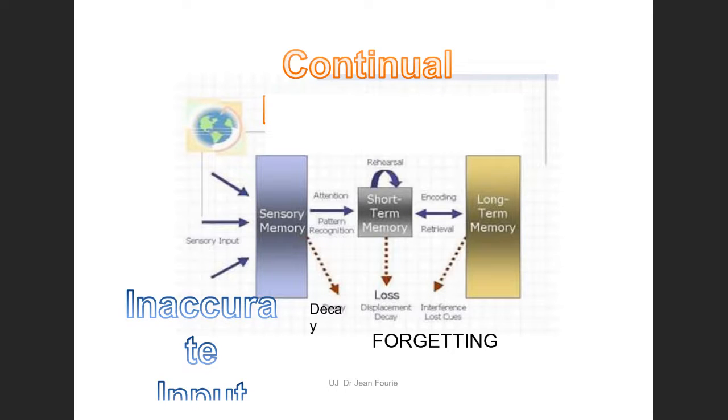Our memories are not like computers that will store something permanently and keep it there all the time. Forgetting happens. We lose the cues to help us retrieve that information out of long-term memory. And so when we ask people to remember these things, they have difficulty retrieving the information, bringing it back into conscious focus in the short-term memory, and putting that information out as output in speaking or writing or doing something.